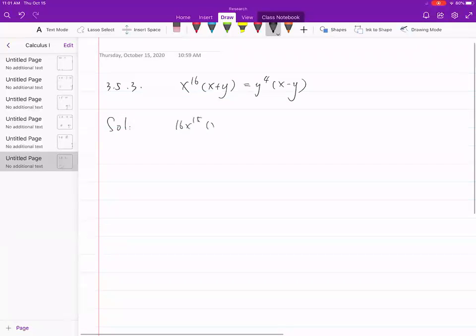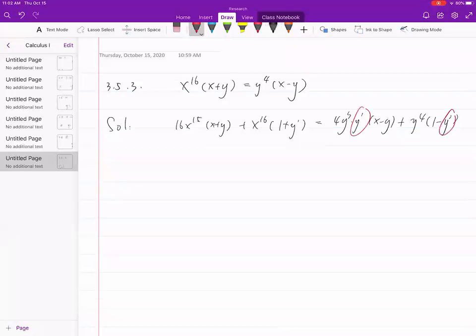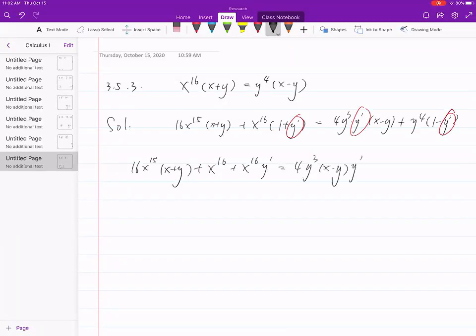So for the left, for the right, y prime, y prime, y prime. So one, two, three.